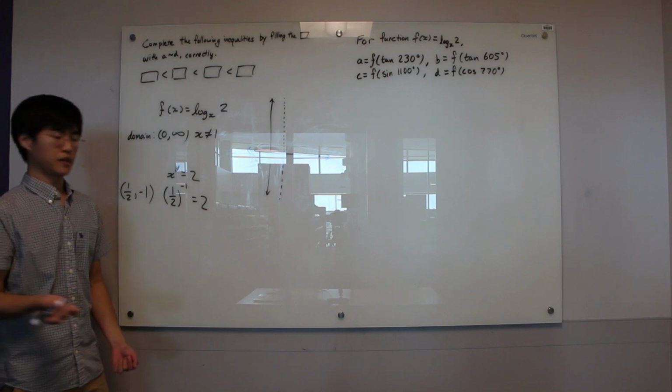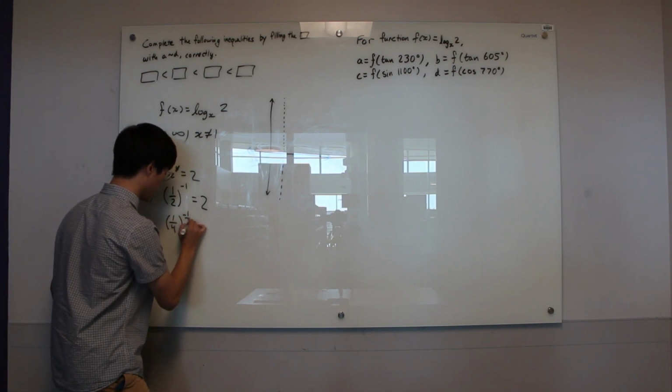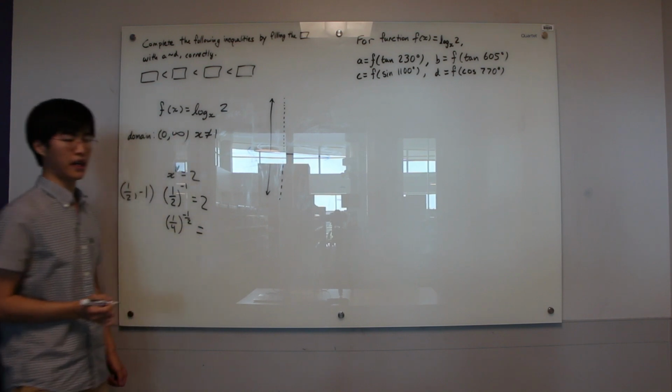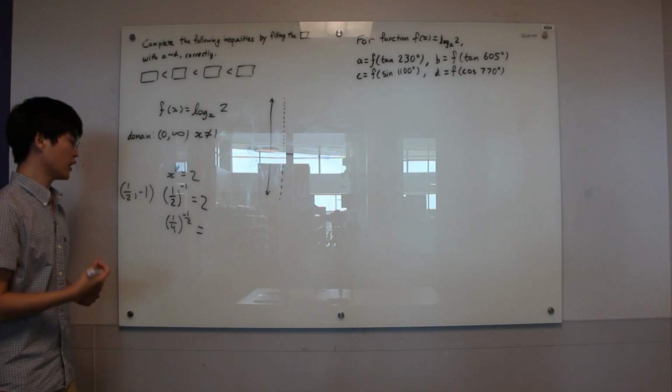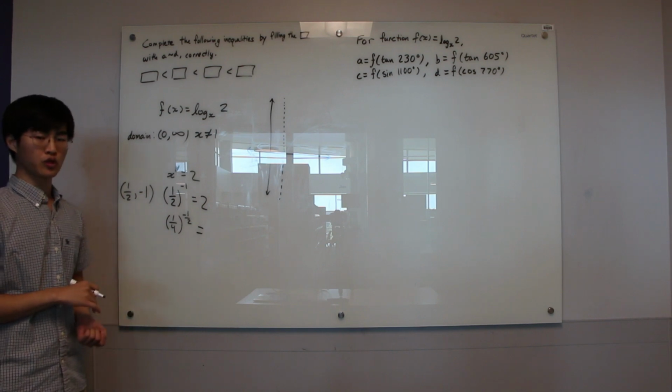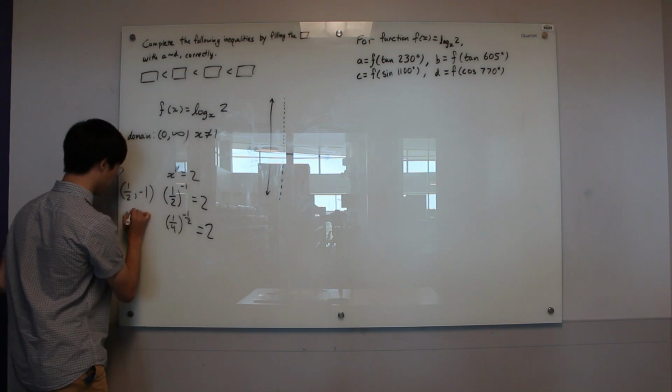Let's try another point. Let's say 1/4. In this case, the y is -1/2 because we take the negative to flip it and create a reciprocal, and we need the 1/2 to take the square root of 4, which gives us 2. So now we have 2 points.